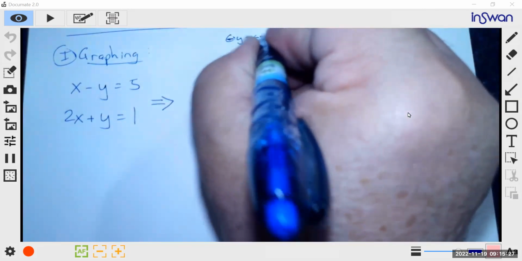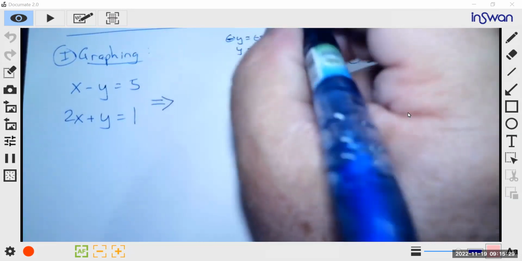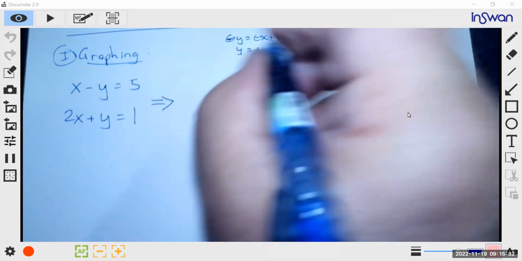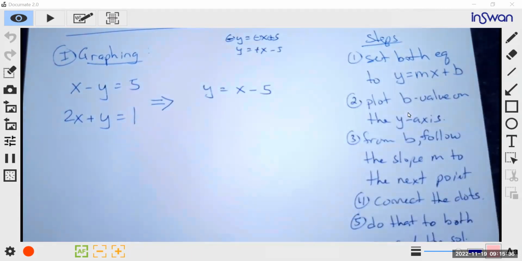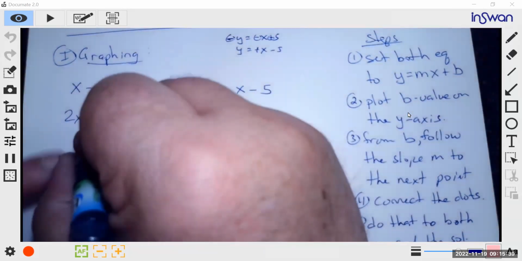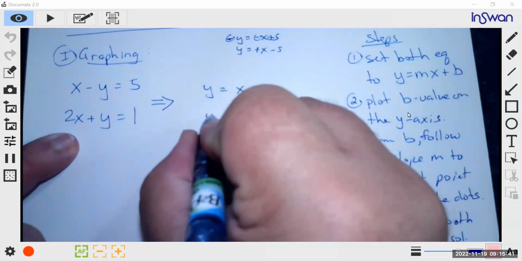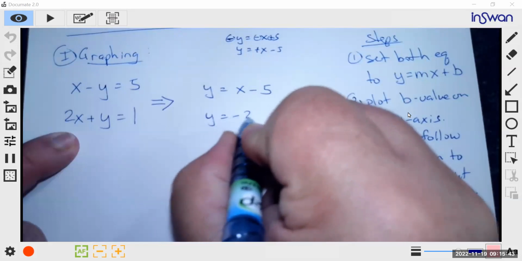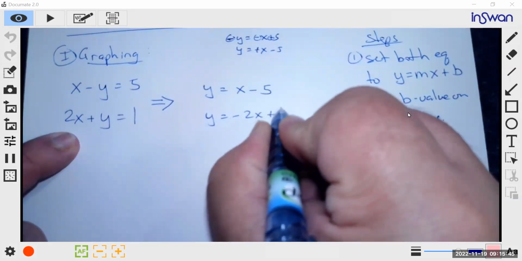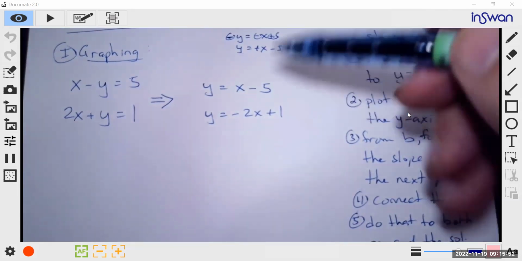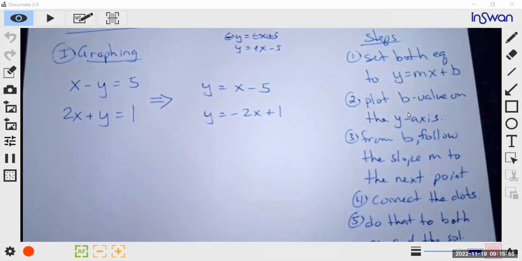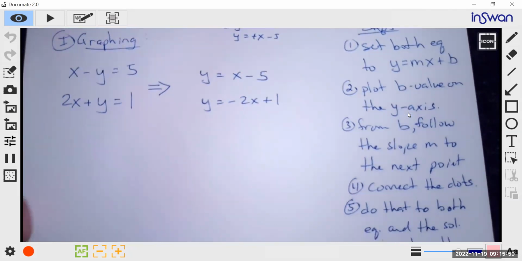Change the signs. Y equals positive x minus 5. And the second one, just move the 2x over. And there you have it. From earlier in the chapter, we know that since the slopes are different, we're going to have one solution. Then let's go ahead and graph them.